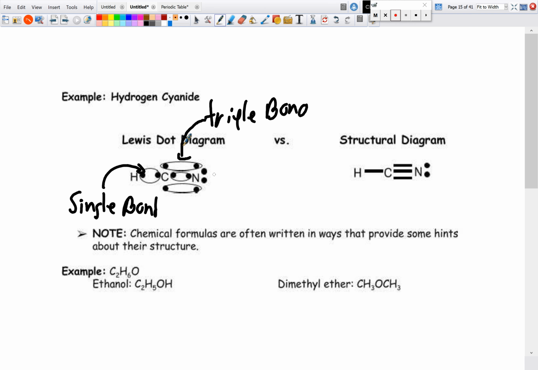Now, as we can tell, this diagram looks a little bit of a mess. So we can go from our Lewis dot diagrams, which show all the dots, circles around it, to our structural diagram where we replace the single bond with a single line and the triple bond with 3 lines. And we still write in our lone pairs off on the side there.